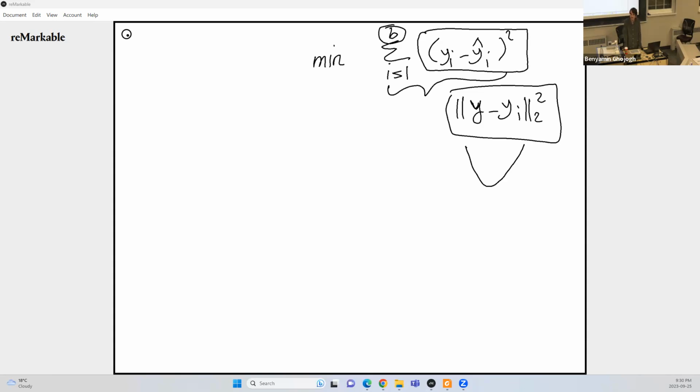Is it yi hat? What is the thing that I'm learning? Is it the output of the neural network? The weights. We might have a lot of weights, maybe 1 million weights. Is this function a convex function with respect to the weights? Of course not.